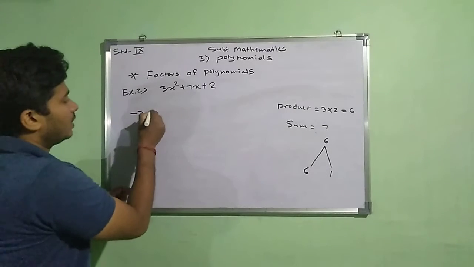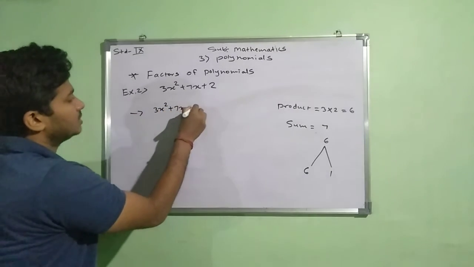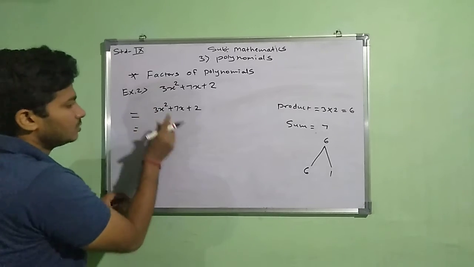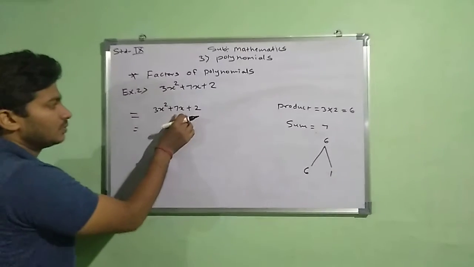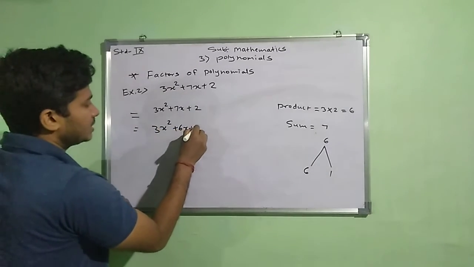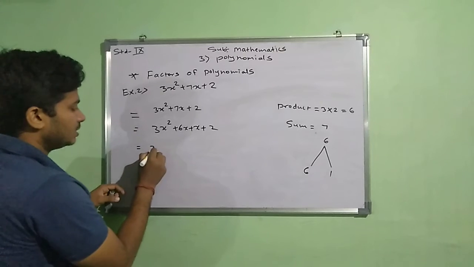So our equation is 3x square plus 7x plus 2, equal to, now we substitute 6x plus x in place of 7x. So 3x square plus 6x plus x plus 2, which is equal to, now we can take 3x as common.